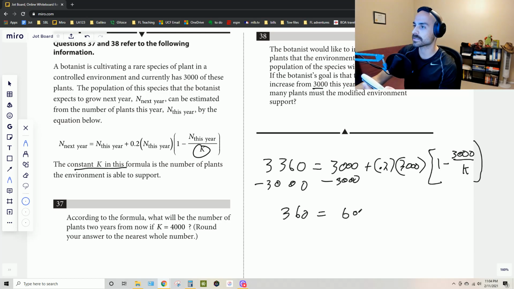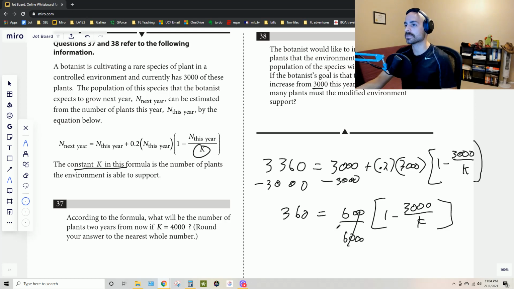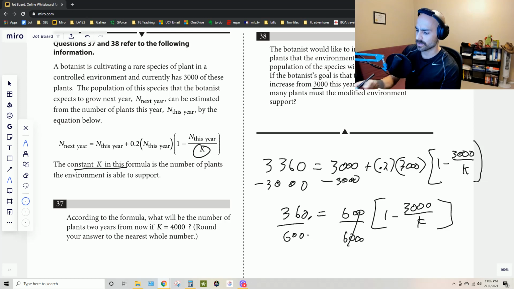So we see that that's 600 outside of 1 minus 3,000 over k. And then I can divide both sides by 600. That would cancel that out. That gives me 600 here. And then 360 divided by 600 is 0.6.